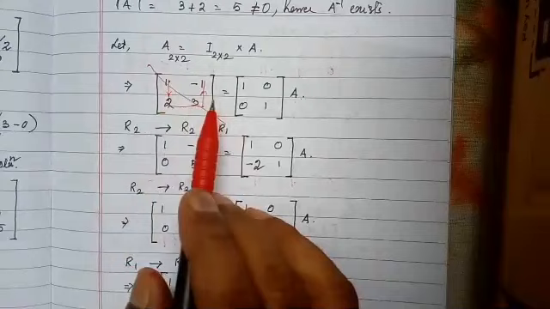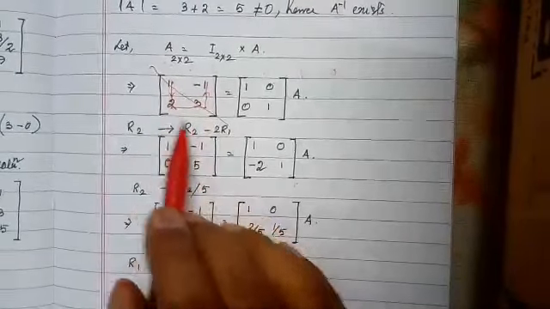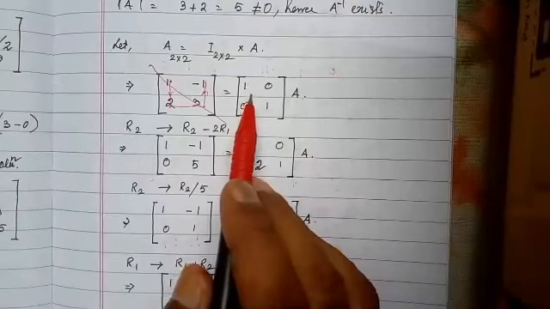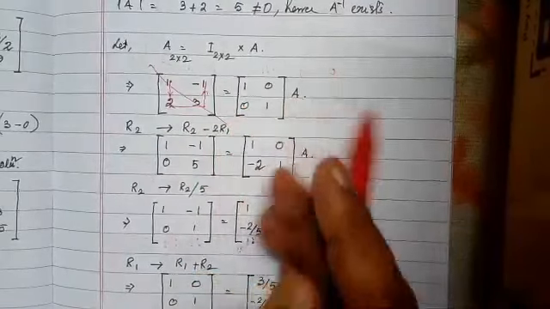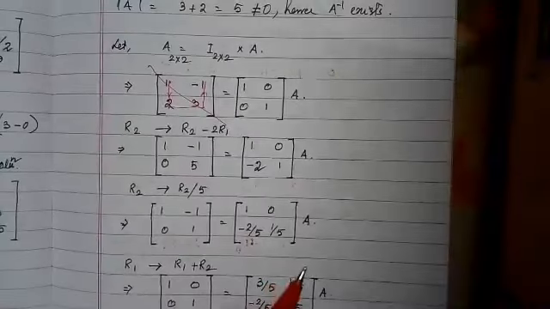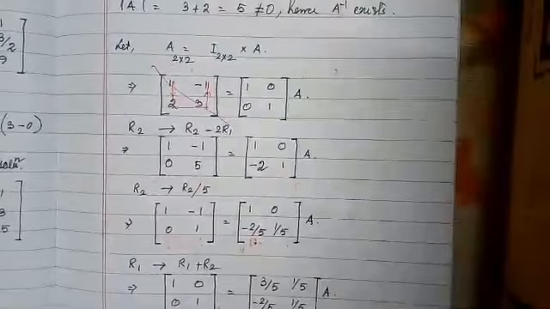Then it will be 1, obviously. 5 divided by 5, 1. 3 divided by 3, 1. In this way I am doing. Follow the technique. This is a mistake-proof way. If you are quite sincere in your operations, there is no chance to go wrong.